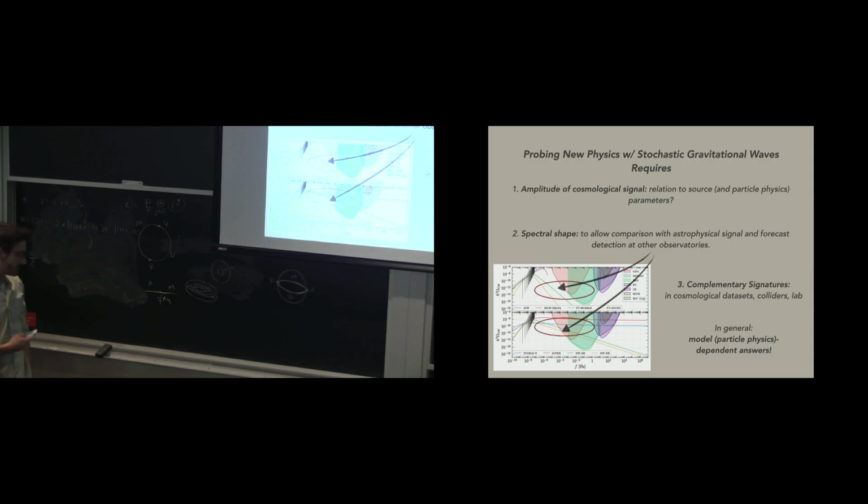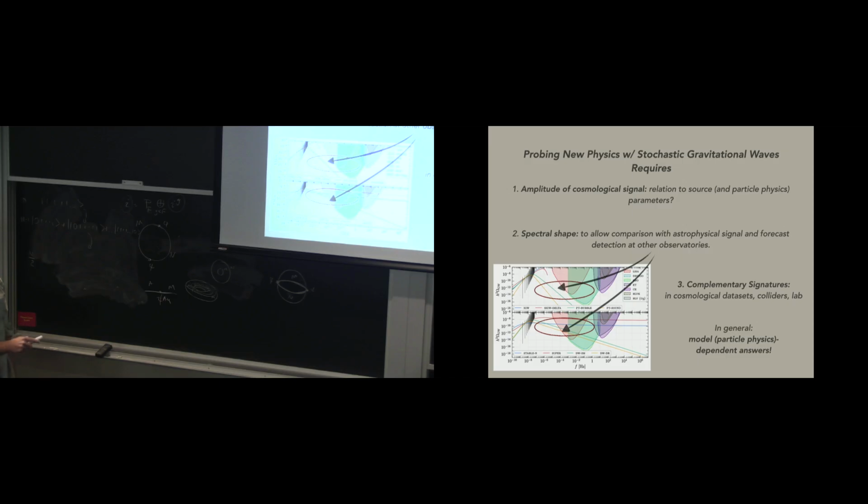In order to understand whether a signal can be due to cosmology, we need to understand the amplitude of the cosmological signal, meaning its relation to the source and the particle physics parameters. We also would like to know the shape of the spectrum. Here there are two examples of cosmological sources which lead to very different shapes in the UV tail.